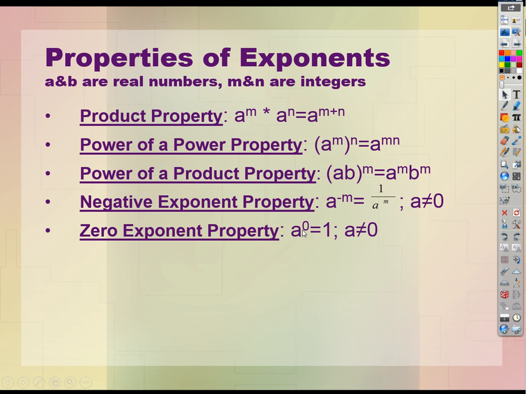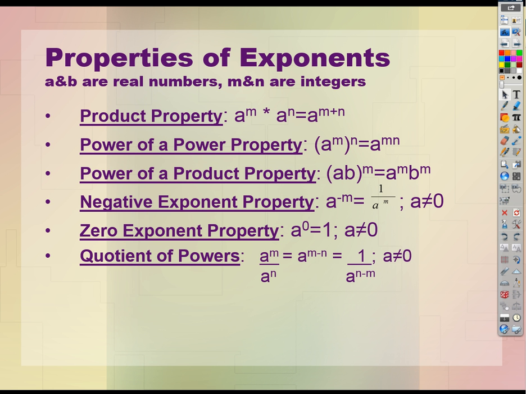That's what we call an indeterminate form. But any other number to an exponent of 0, regardless of what it is, could be pi, could be a googol, which is 10 to the 100. It doesn't matter. Any number, regardless of how big or small, positive or negative, taken to the 0 power is always equal to 1.